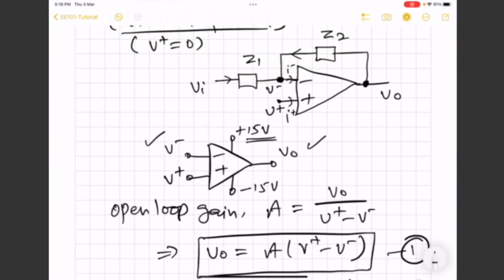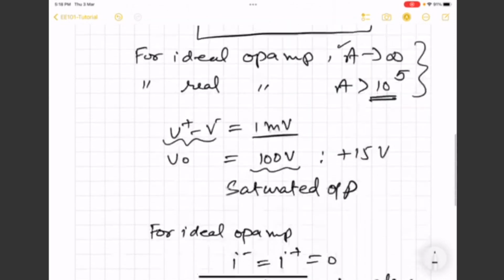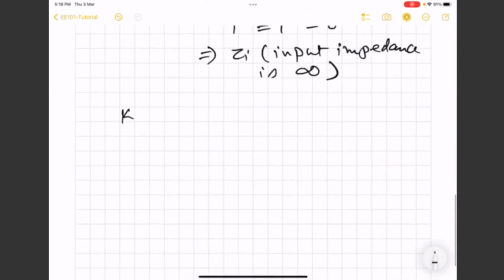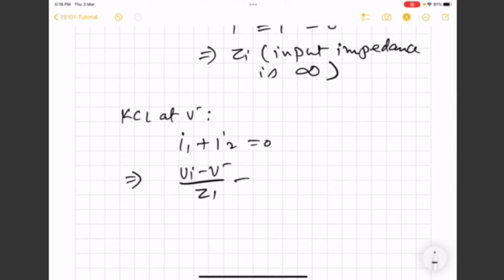So we can apply KCL at the V minus node. We have one current I1 here and we have another current I2. So at this node, what we get is I1 plus I2 is equal to 0. And I1, you can see, is Vi minus V minus divided by Z1.